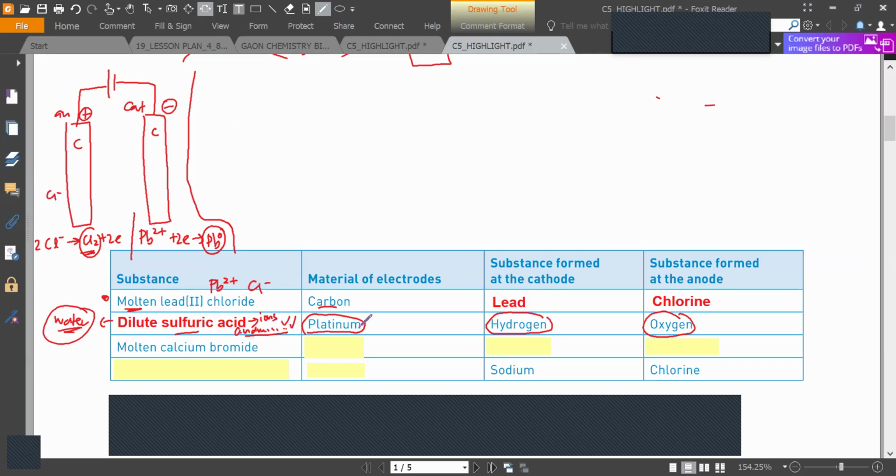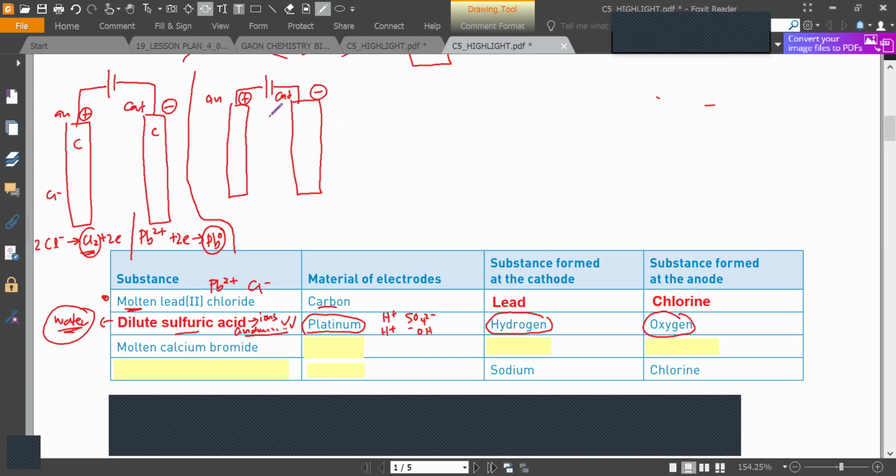Now in this situation, from the sulfuric acid we have H plus and sulfate, and from water we have H plus and hydroxide. Again, we analyze. Cathode, and this one is anode.